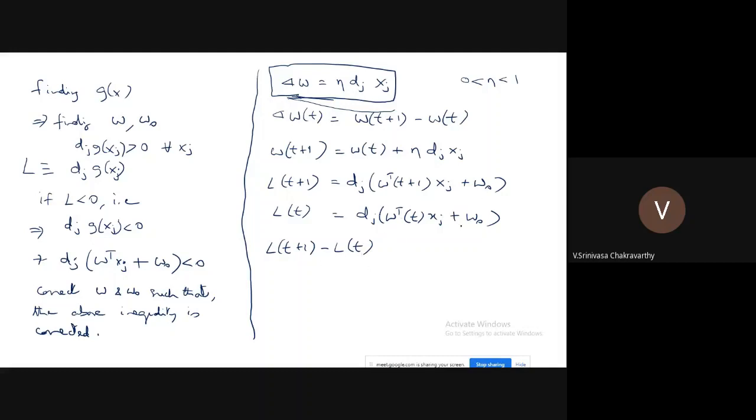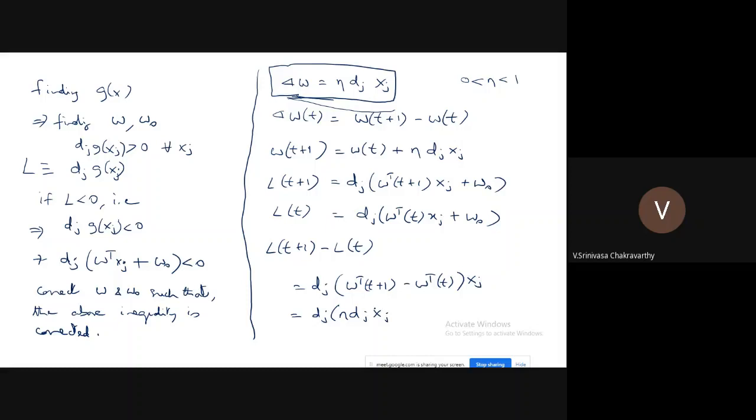this dj w naught gets cancelled in both. So you get dj times w transpose at t plus 1 minus w transpose at t times xj. Okay, so that will be equal to dj times this difference we have seen, which is equal to eta times dj times xj, with a transpose sitting here.